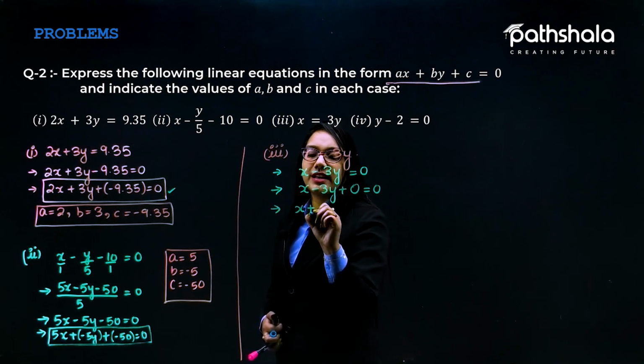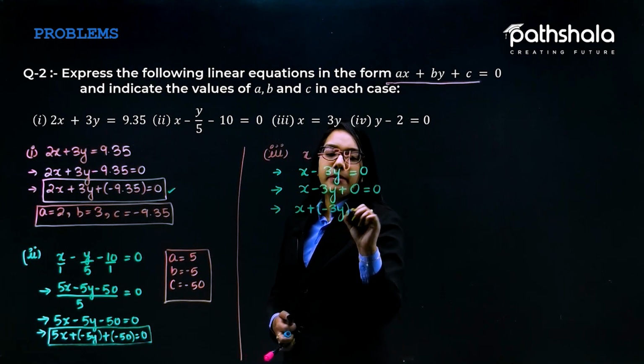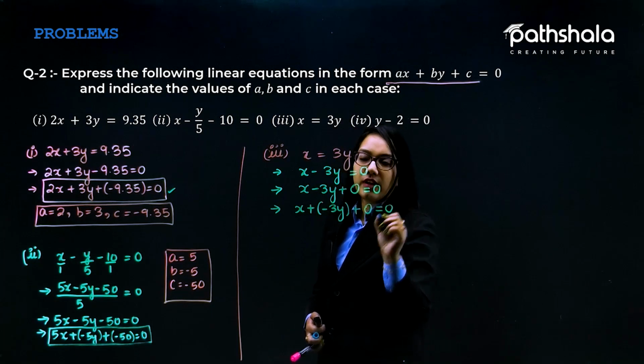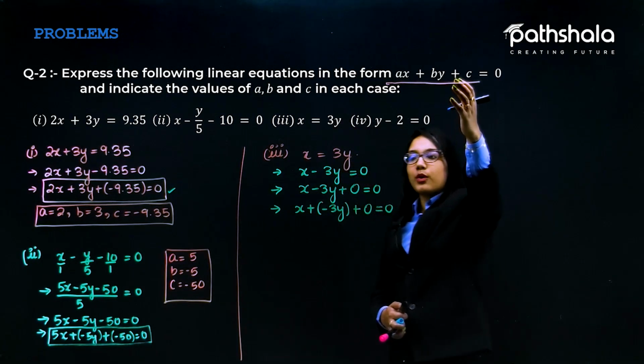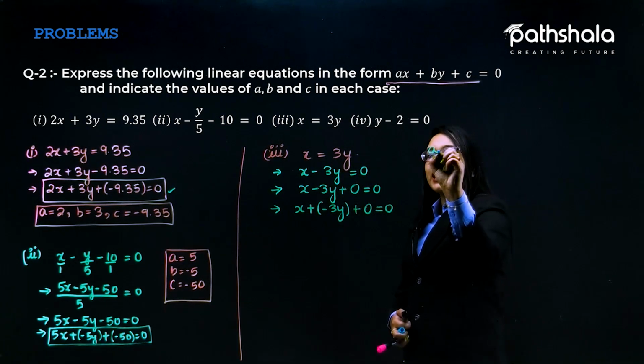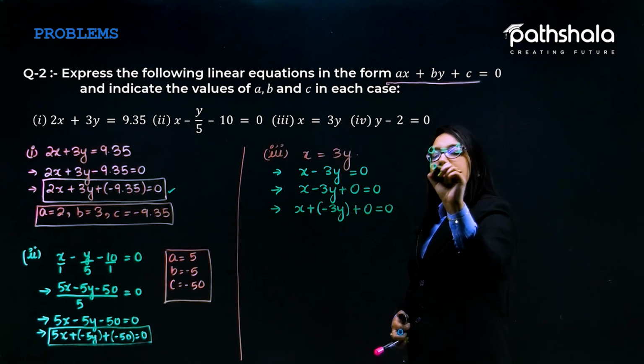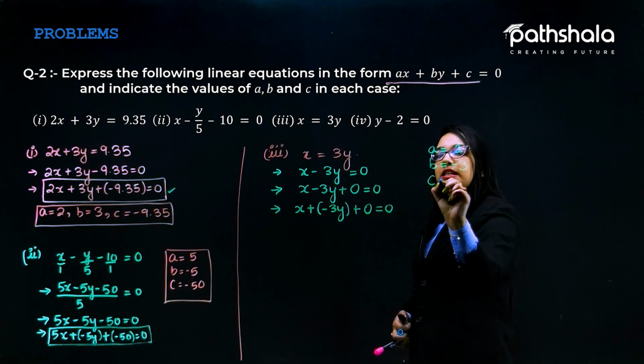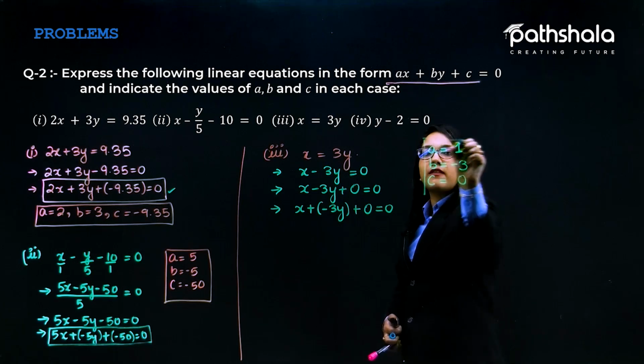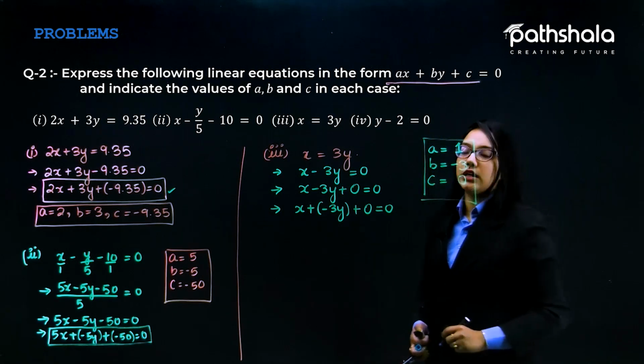Furthermore, we can write it as x plus minus 3y plus 0 is equal to 0. If we compare this equation with the standard one, then a is 1, b is minus of 3, c is 0. So this is the value of a, b and c in the third part.